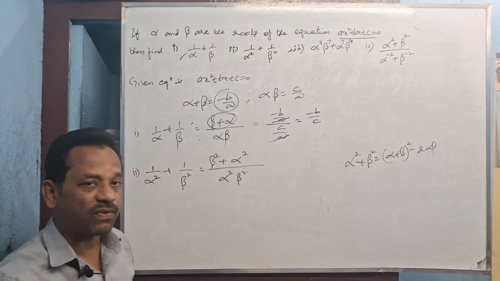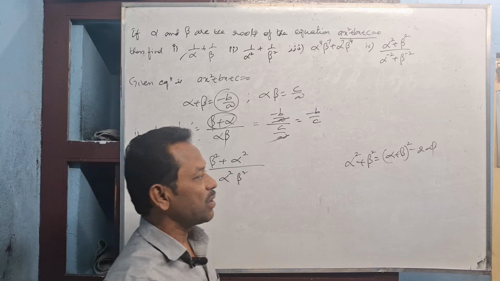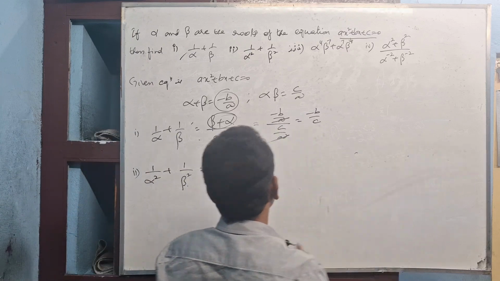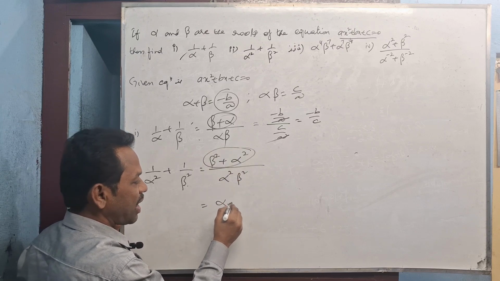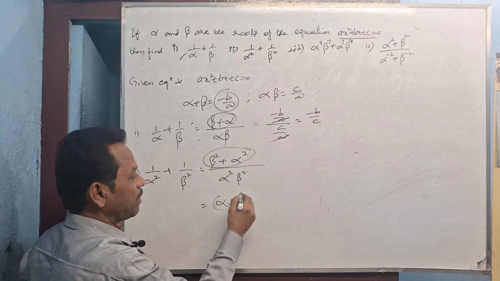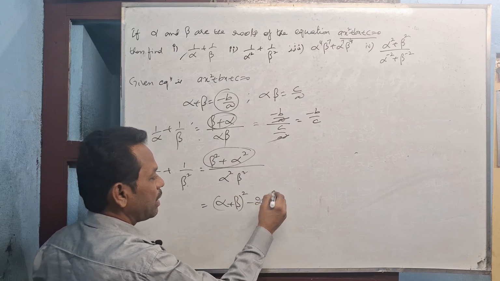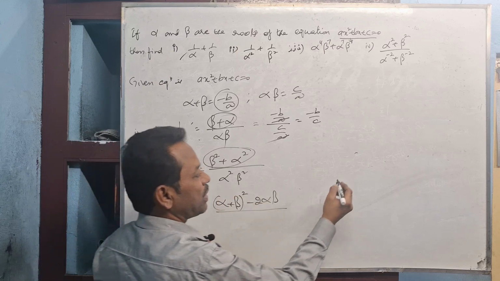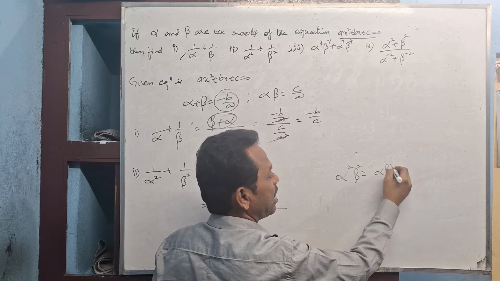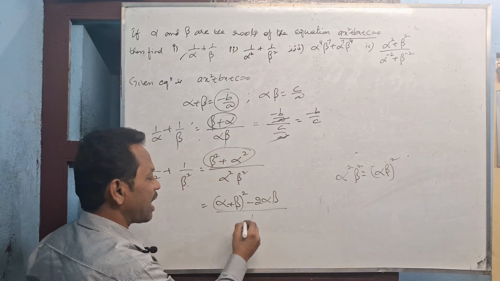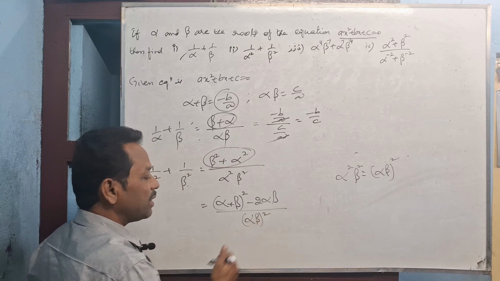So in the numerator, let me take that formula: alpha plus beta whole square minus 2 alpha beta, divided by alpha square beta square. This you can write as alpha beta whole square. So let me take alpha beta whole square in the denominator.